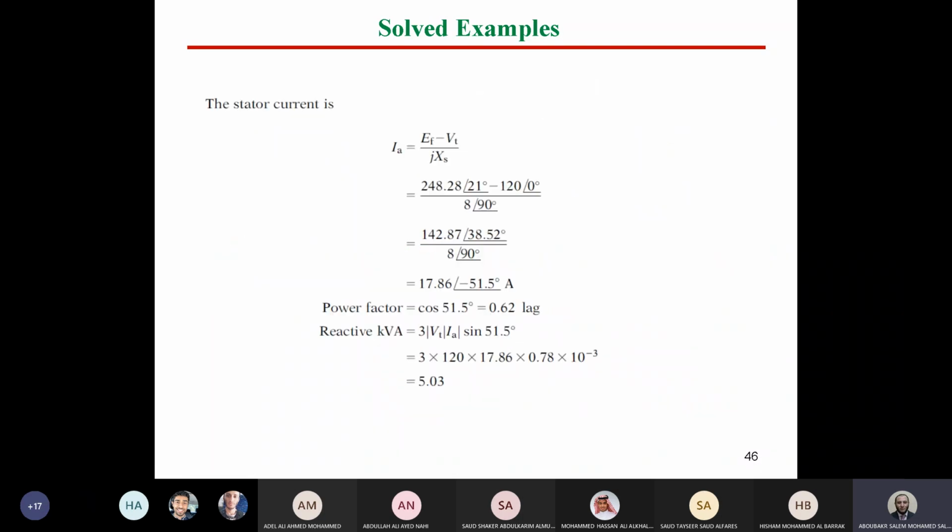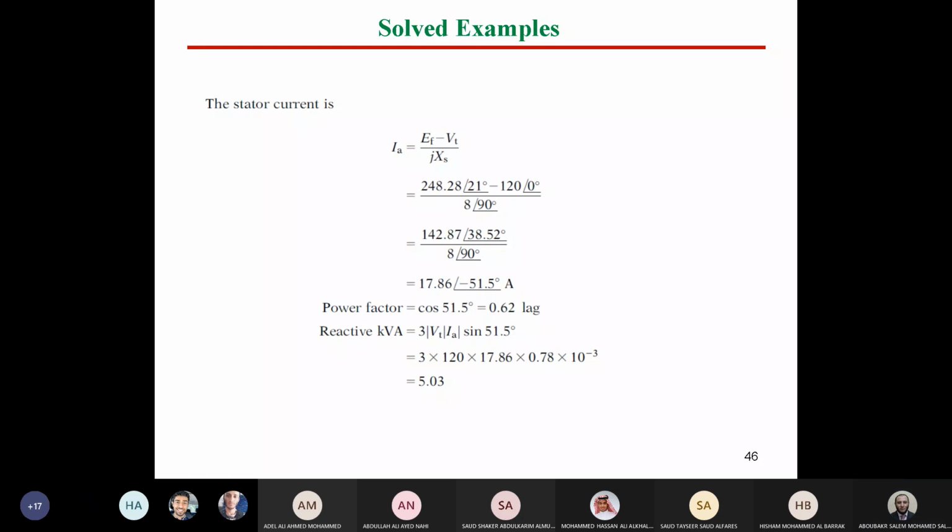After getting delta, simply we can use the relation IA equals (EF minus V terminal) over jXS. You can substitute easily here. EF now is 1.2 multiplied by the first value, so this is case number 2, and this is the power angle, and this is V terminal and jXS. So simply we can get the current at case number 2.